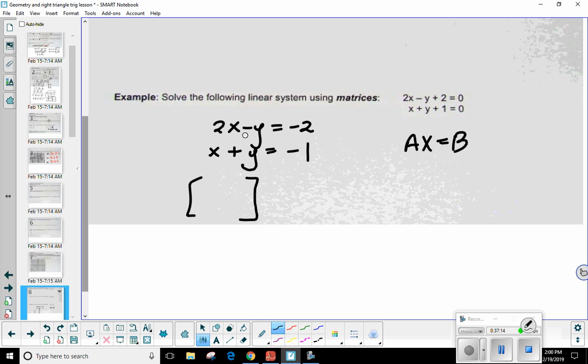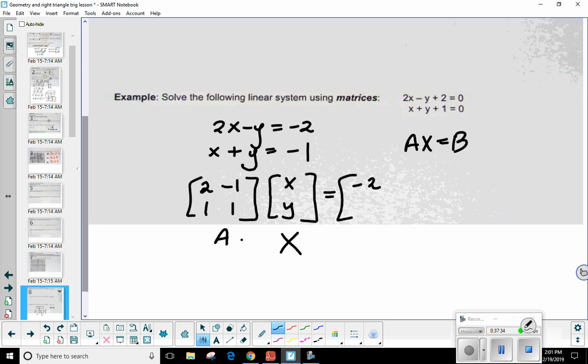So the top row being 2 and negative 1, and then we have 1 and 1. So there's matrix A times matrix X, which contains your unknowns, your variables. So there's your X and Y. And then we set it equal to the constant matrix, where we have negative 2 and negative 1.